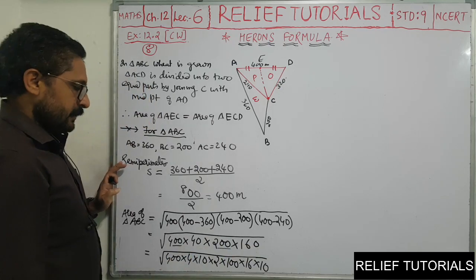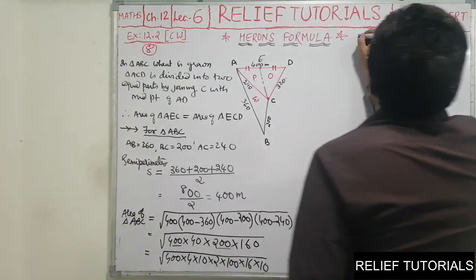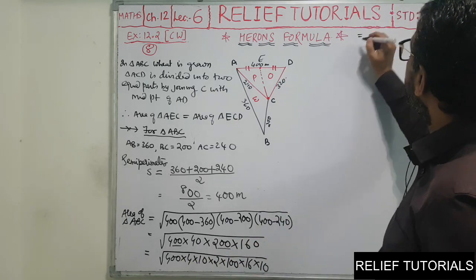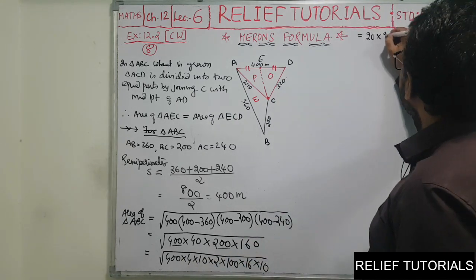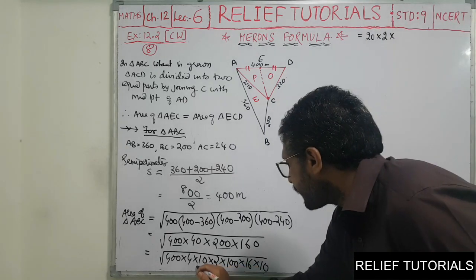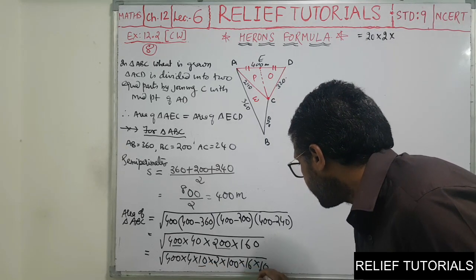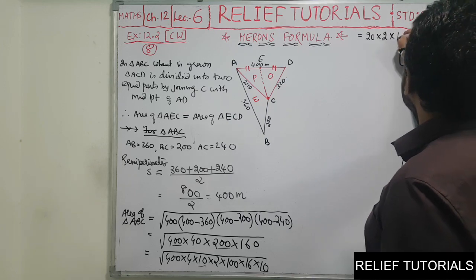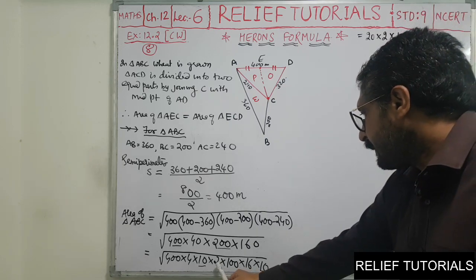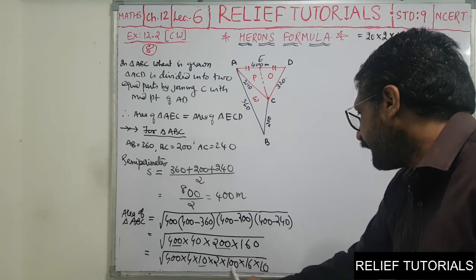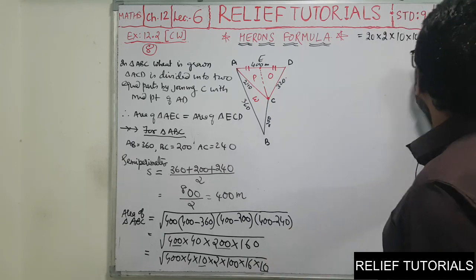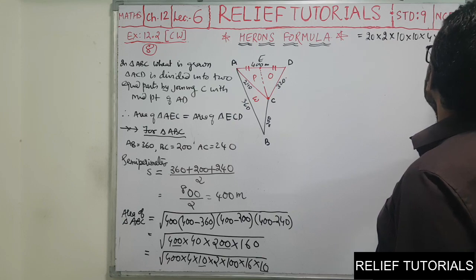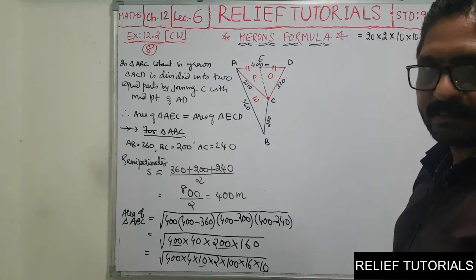So now root 400 is 20, root 4 is 2, and the two 10s give 10. Root 100 is 10, root 16 is 4. So what is left? 2, that is root 2 meter square.